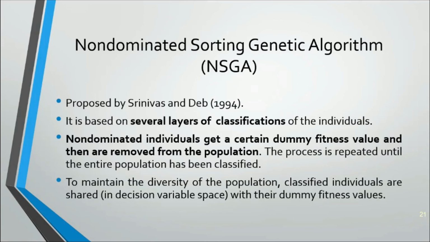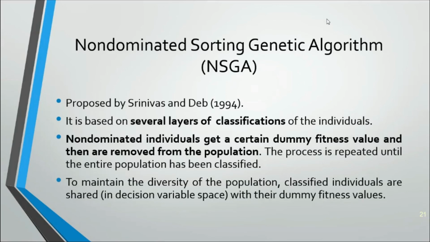That is, the entire population is classified into different layers, and if all the layers prior to a particular layer are not present, in that case this particular layer becomes the Pareto optimal front. Then to maintain the diversity of the population, the classified individuals are shared with their dummy fitness values.